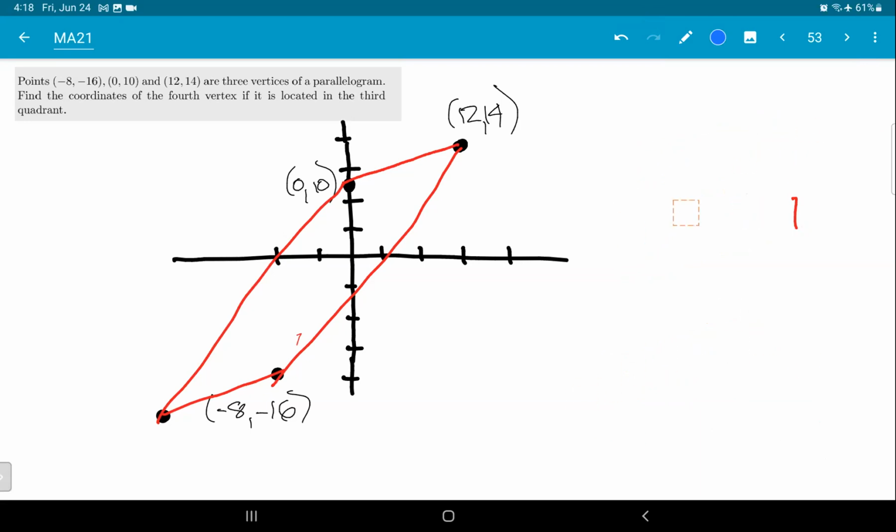How will that help? Kung bisect, so midpoint yun. Midpoint, midpoint. Let's draw the diagonal of this parallelogram. The diagonals.